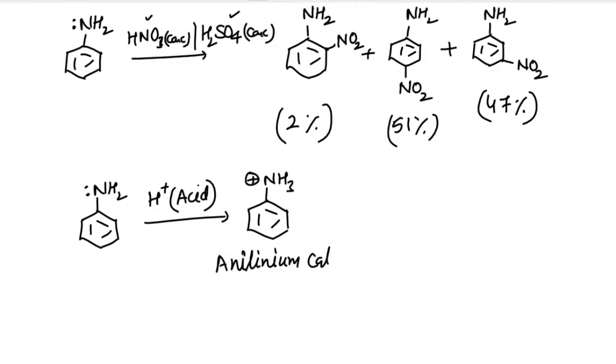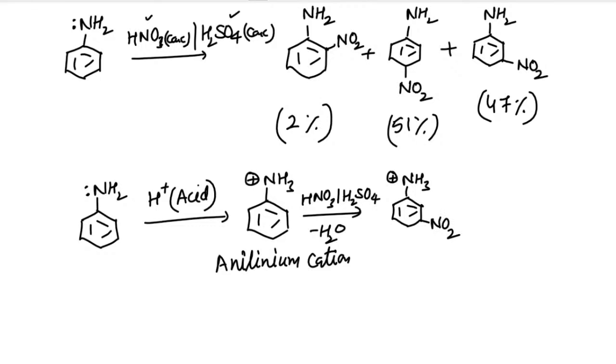Anilinium cation is formed, which on nitration, water is removed and we get meta product because it is meta directing. Yes, you are right, beta. And then H plus ion is removed and we get meta-nitroaniline.